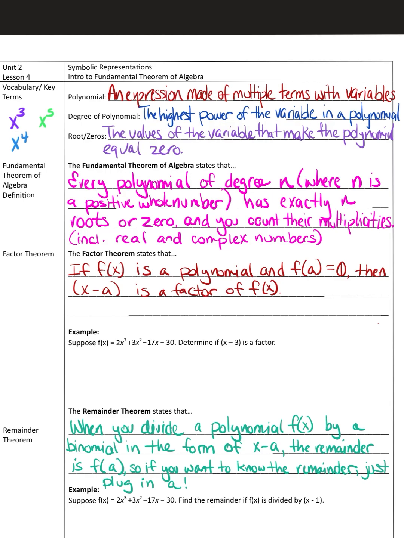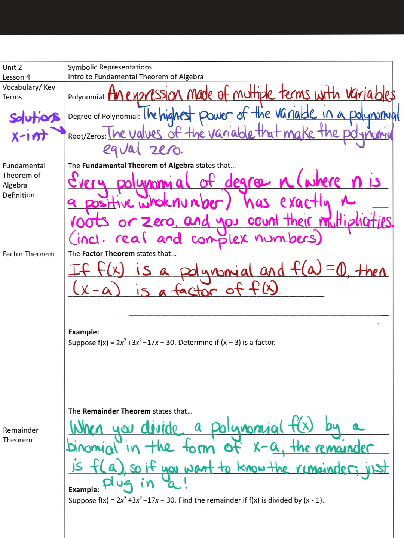Now, let's talk about roots and zeros for a second. We often use these words interchangeably with things like solutions or x-intercepts. They are the values of the variable that make the polynomial equal to 0.